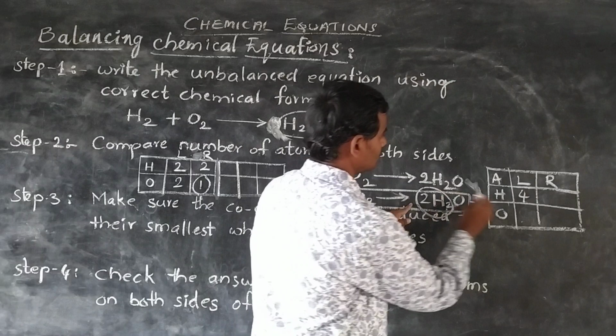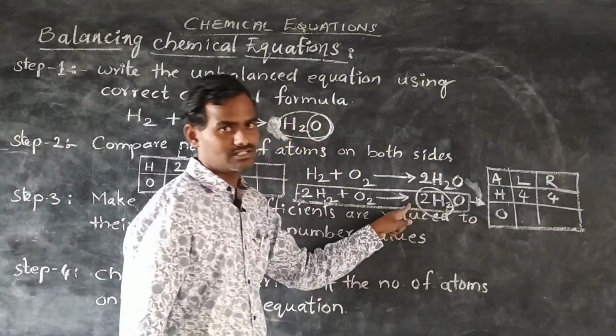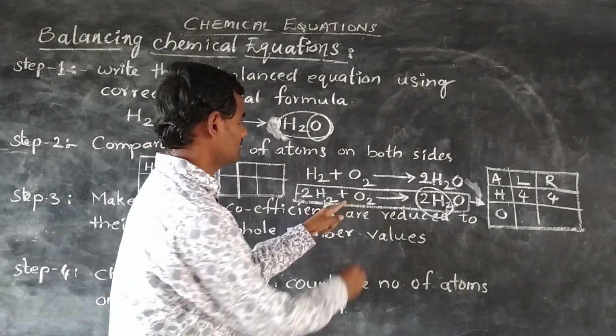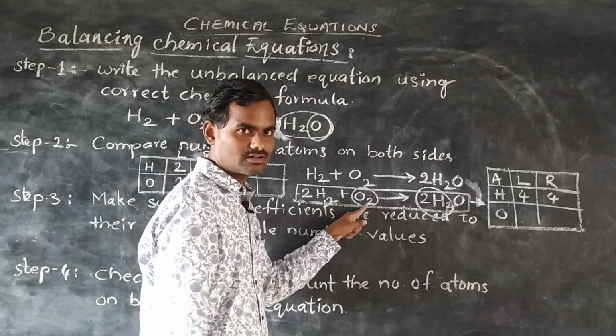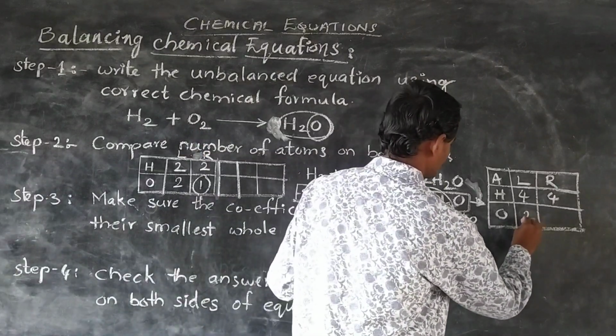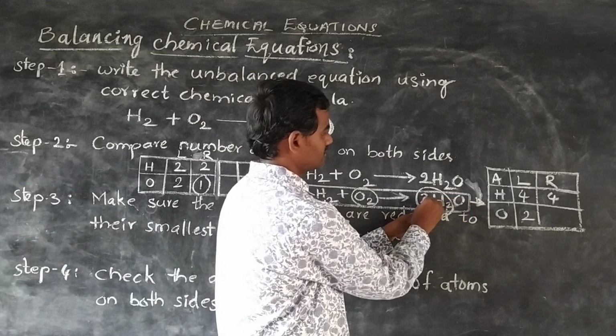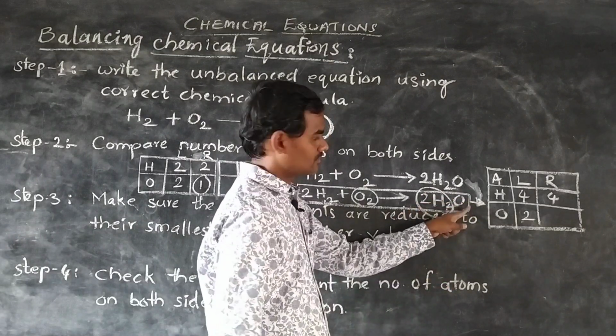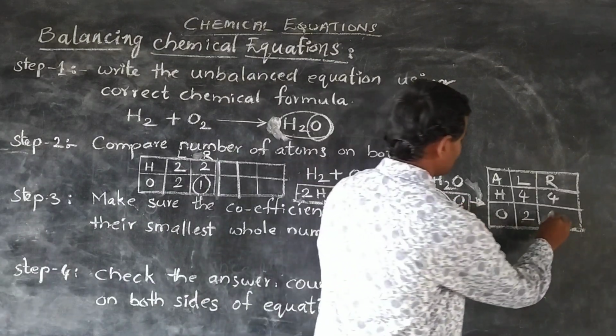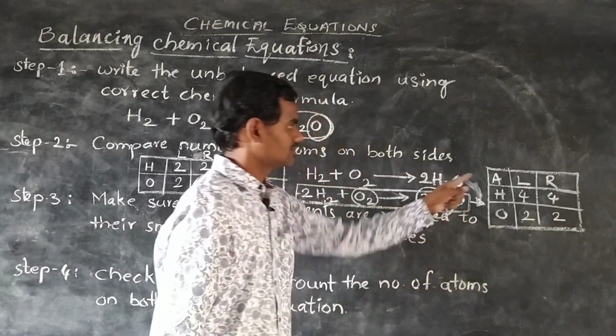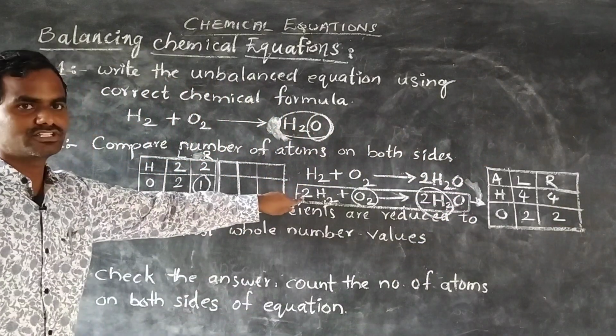Here also 2 into 2, 4 hydrogens are present on the right hand side. Now coming to oxygen, 2 oxygens are present on the reactant side, and 2 oxygens are present on the right hand side or product side also. So we can say that the equation is balanced.